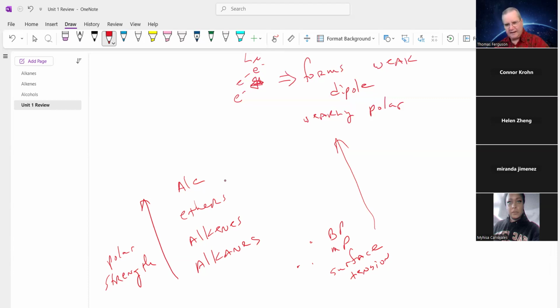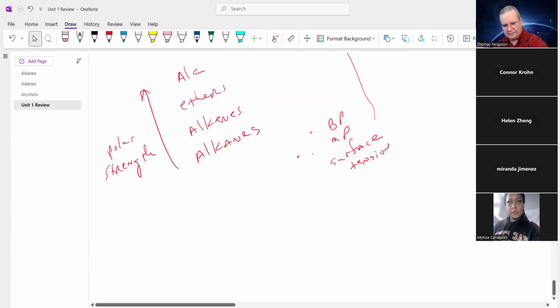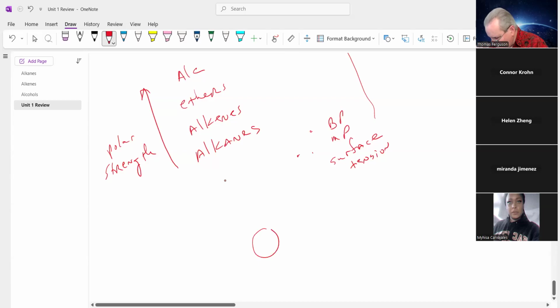And the reason why alcohols are polar is because if you look at the electron distribution around alcohol, we've got these two unbonded pairs.